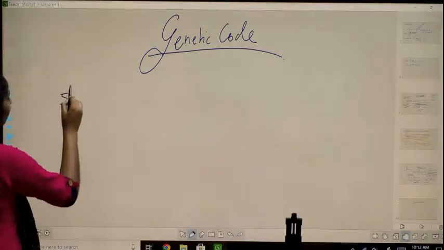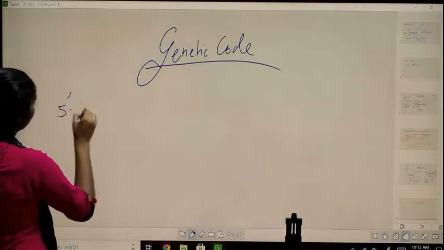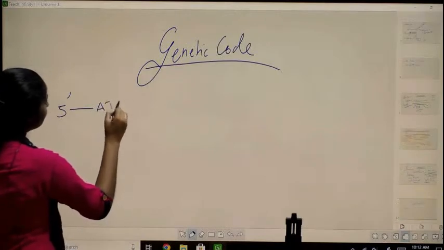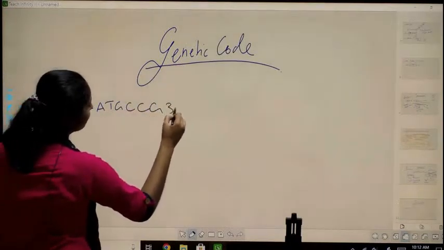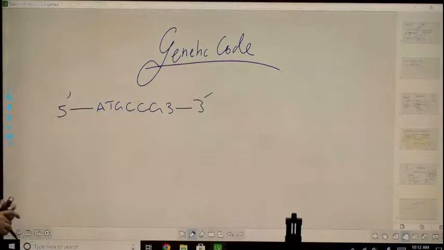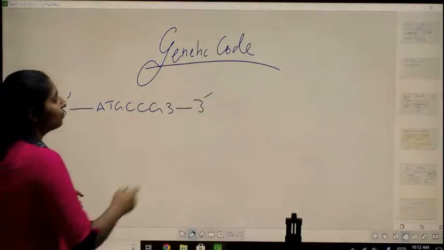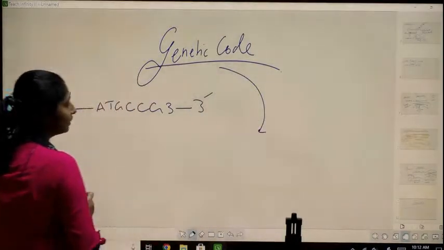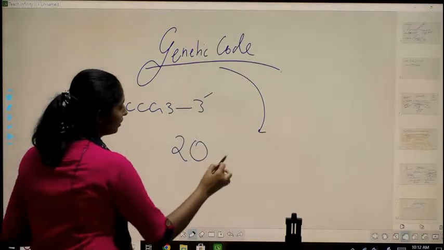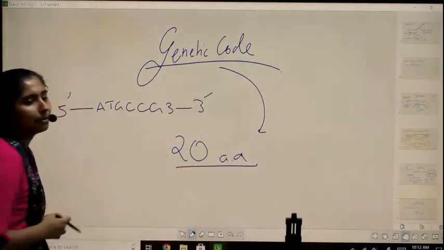So if I have to denote the sequence of a particular region, I will simply write the base sequence that is there in that particular region, right? Scientists know that there are around 20 amino acids.